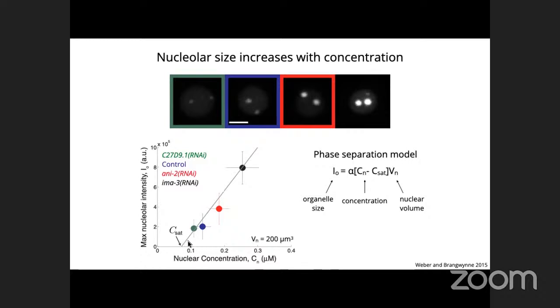Okay, so here, even at the lowest concentration, we're above the saturation concentration. So they're small, but they're still there. Ideally, to test my first property, I would decrease the concentration a little bit more, and then the prediction would be that I would see no nucleoli below the saturation concentration.